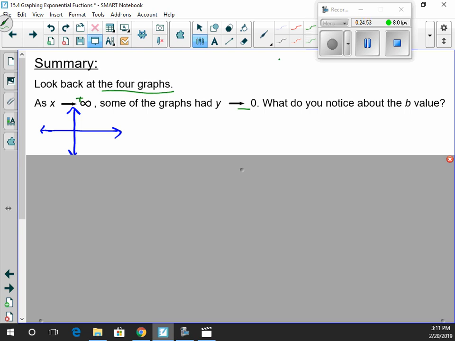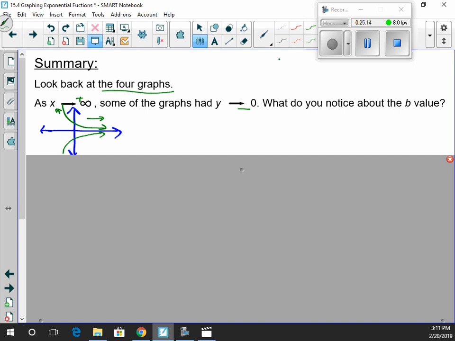So which graphs had y approaching 0? Well, if I'm approaching 0 as I go in this direction, that means in the other direction, I must have been very high or very negative with my y values. So we're talking about these two kinds of graphs. A graph that looks like this, or a graph that looks like this.